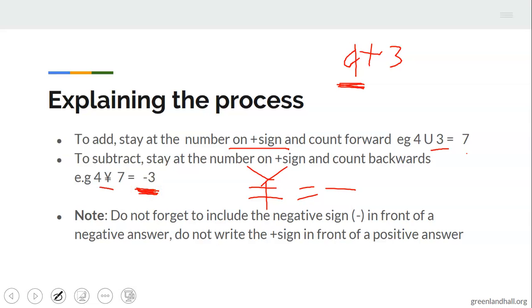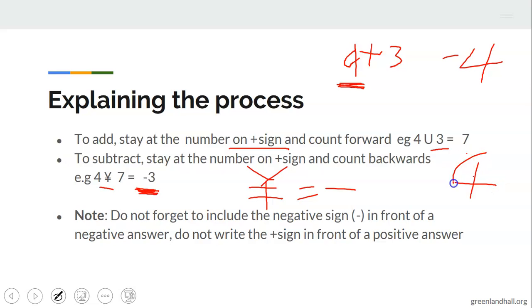But if your answer is a positive one, do not write the plus sign in front of it, because every figure in mathematics is a positive figure unless otherwise stated with a negative sign in front of it. As long as there's no negative sign in front of it, it is assumed to be positive. So if your answer is positive, please don't put the plus in front of it.